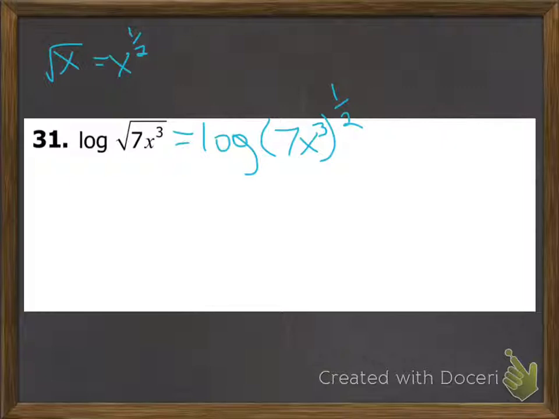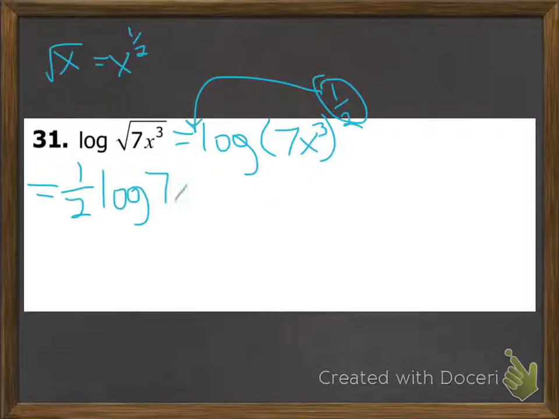So now we can take this exponent and move it in front of the log. So now we're going to have 1/2 times the log of 7x to the 3rd. And I'm going to keep that in parentheses. And make note that this right here is being multiplied, so we're going to change that to addition.